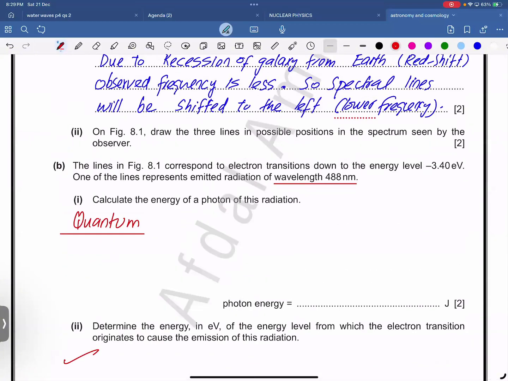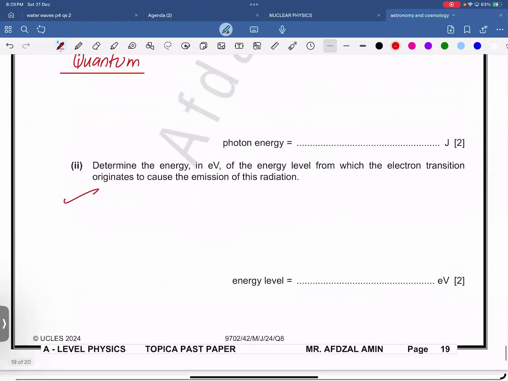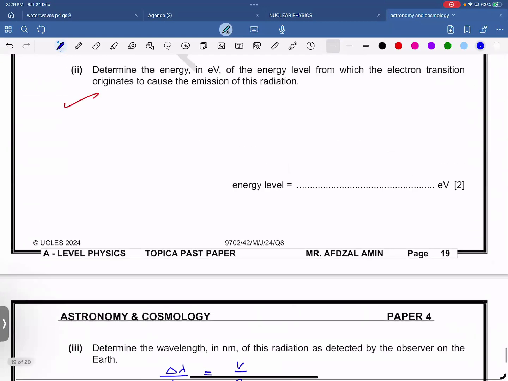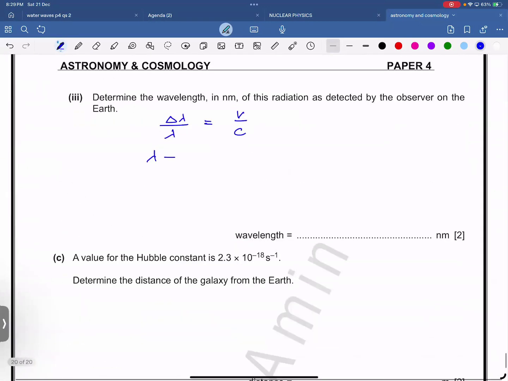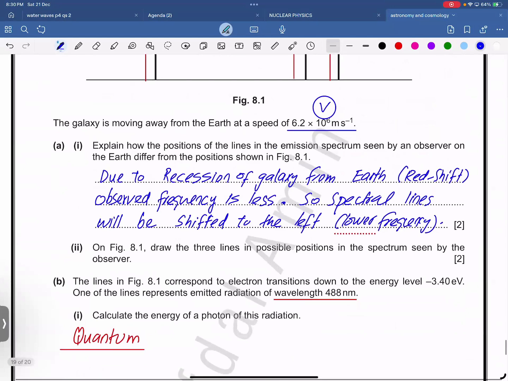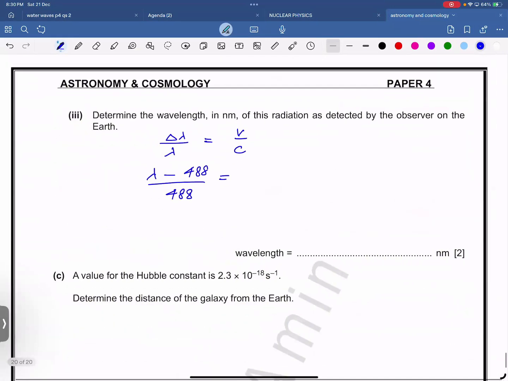So what is the Doppler shift formula? Delta lambda over lambda is equal to v over c. Lambda minus 488, keep nano, okay? Over 488, equals 6.2 times 10 power 6 over 3.0 times 10 power 8.